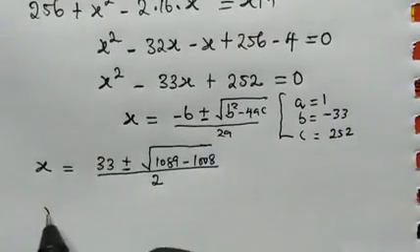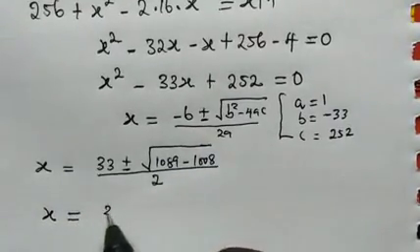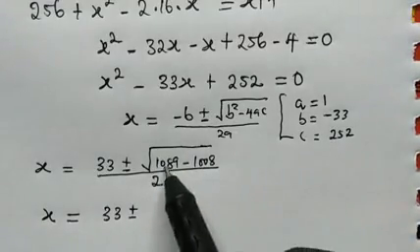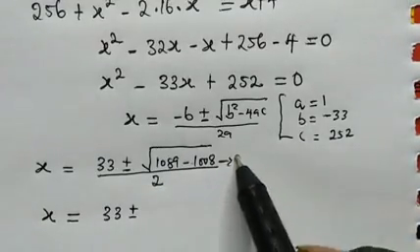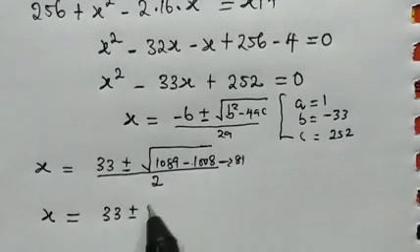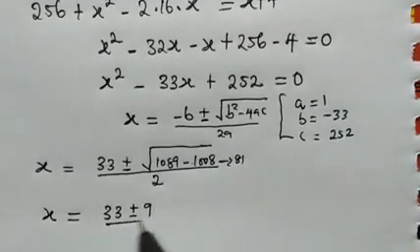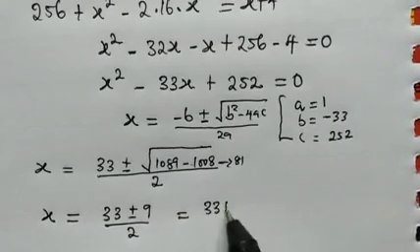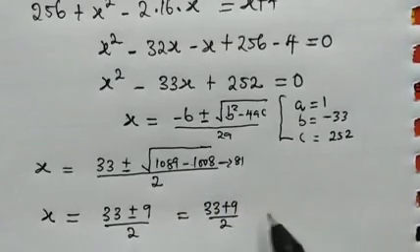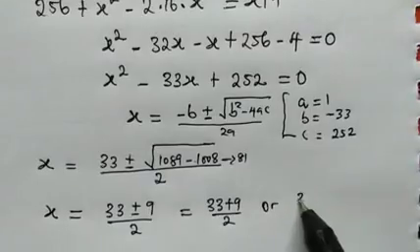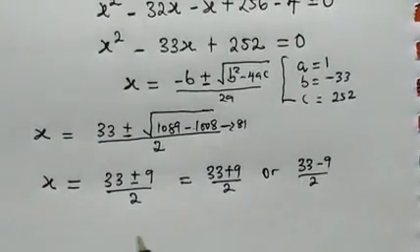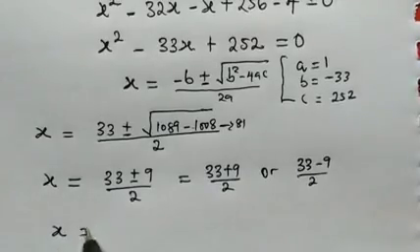So from here we have x is equal to 33 plus or minus, this subtraction here will give us 81. Then the square root of 81 is 9. Then divided by 2. So this is equal to 33 plus 9 over 2, or 33 minus 9 over 2.